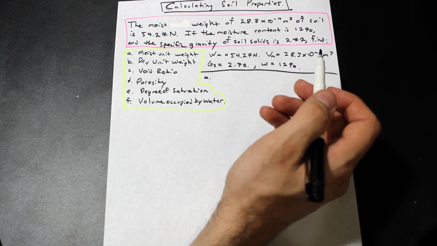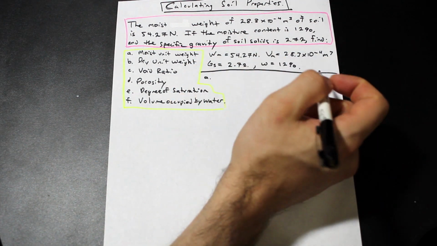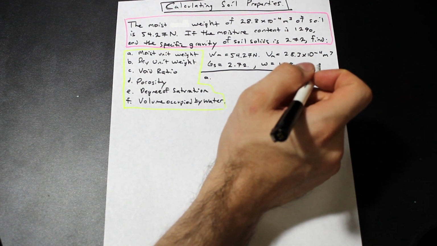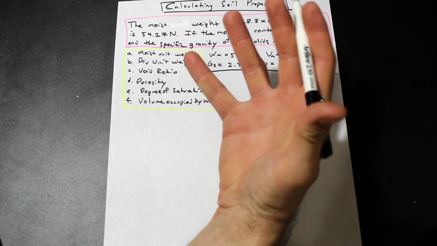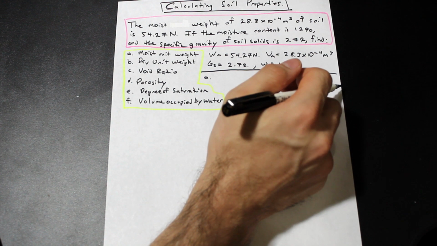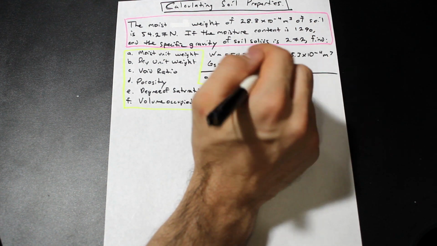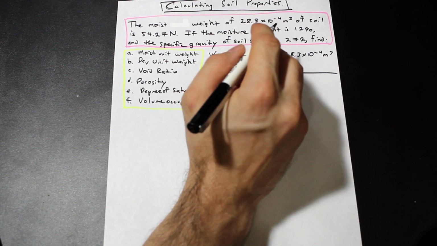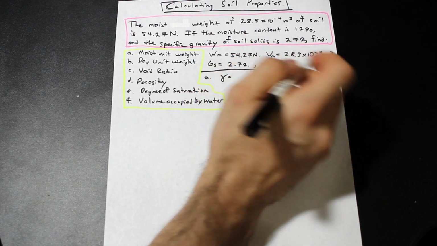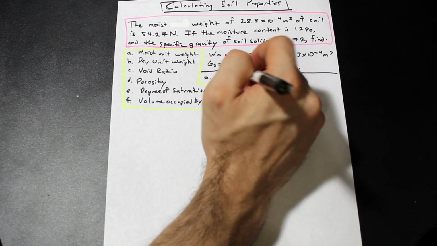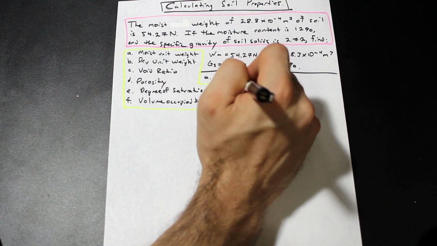Now we're asked to find the moist unit weight. We don't even need the formulas, because as we know, the moist unit weight includes the water. If it includes the water, it's obviously also going to include the solids. So we're going to call it gamma, and it's going to be equal to the weight divided by the volume.